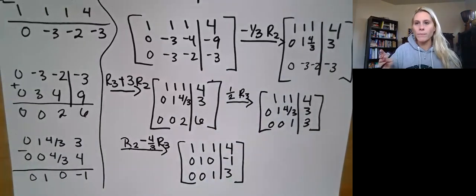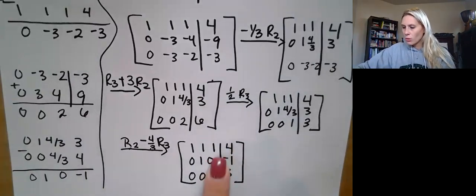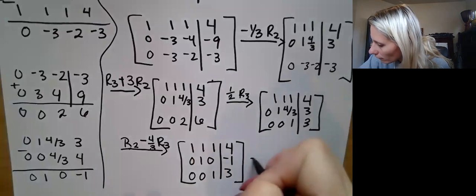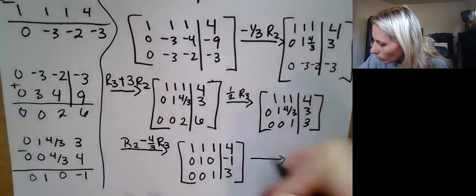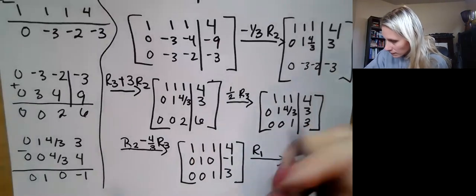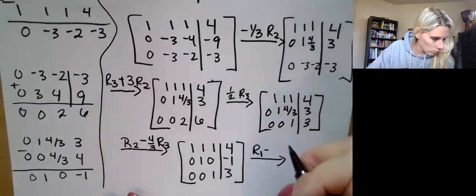Yay. Okay. Work your inside out on the side. So in other words, don't go here first. Go here. We need to get rid of that one. So how do we get rid of that one? Well, we want to change our row 1. So we're going to put row 1 in first, and we're going to subtract row 2.